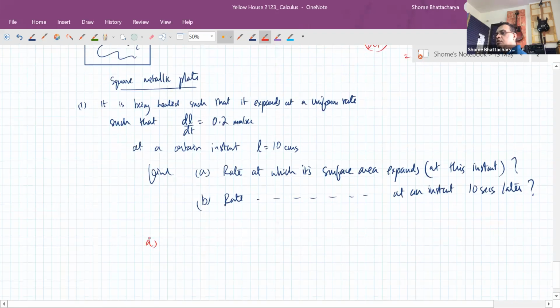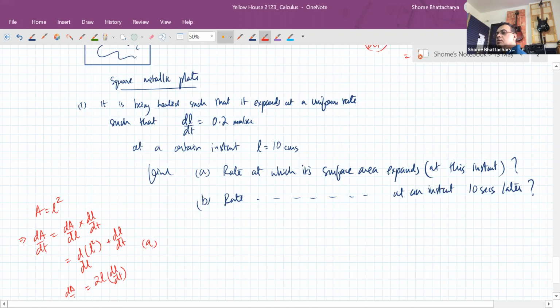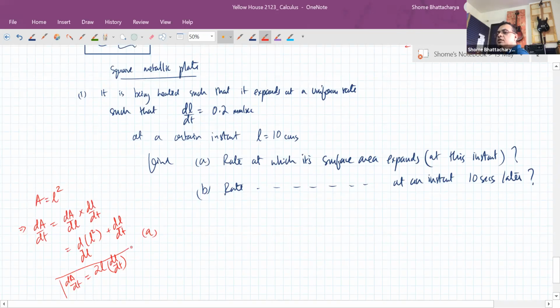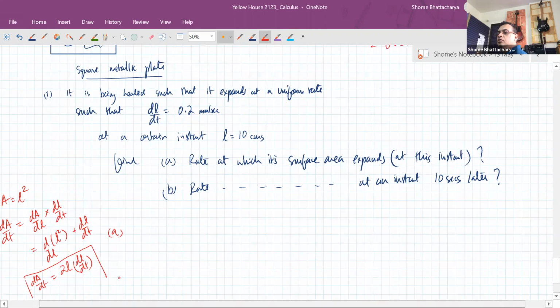The only thing we have to understand here is that L is a variable, it's not a constant, it's changing with time. So this is 2L dL by dt. So this is how we have calculated the rate of change of area with respect to time using chain rule.